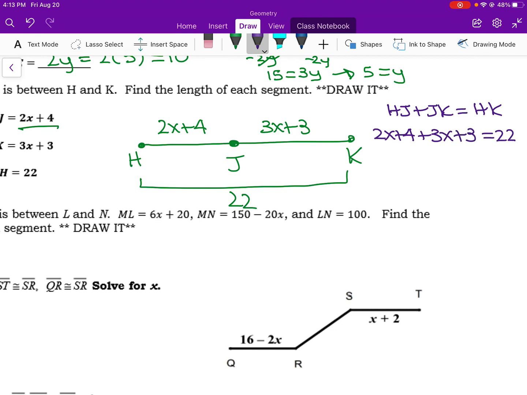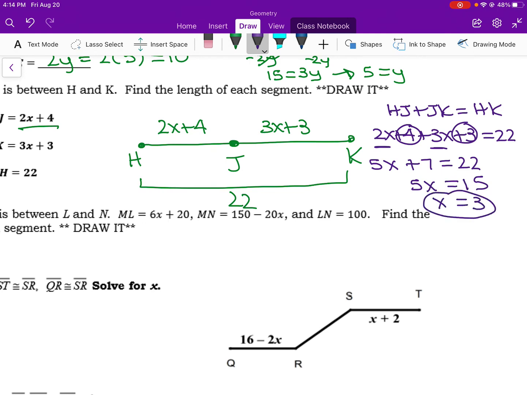So now I want to go through and combine like terms. So I have 2x with 3x, altogether being 5x. 4 and 3 combining to make 7. We know this is equal to 22. If I subtract 7 from both sides, I get 5x equals 15. Dividing both sides by 5, I get x equals 3.